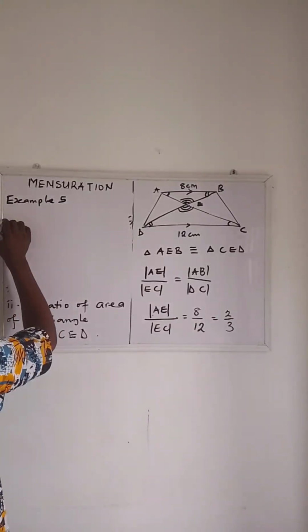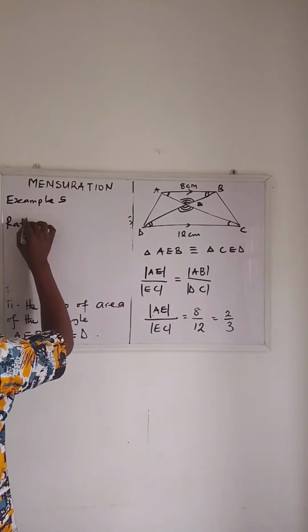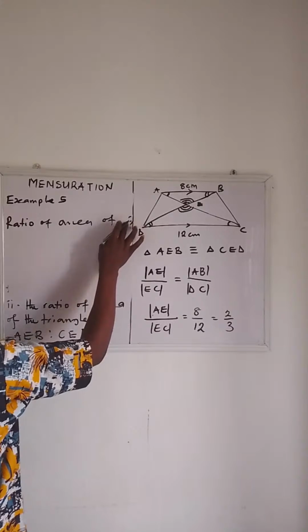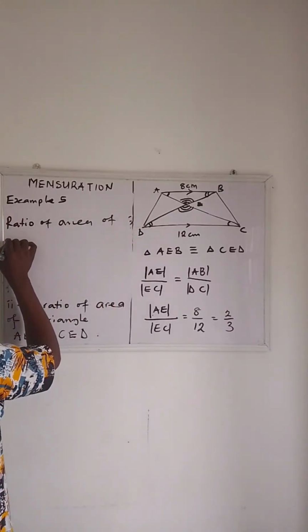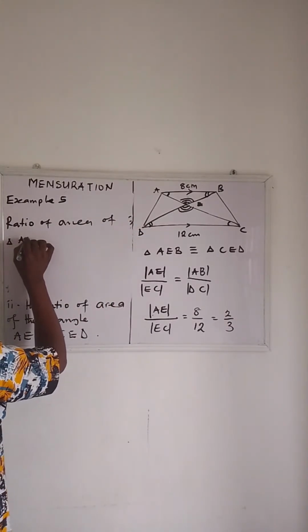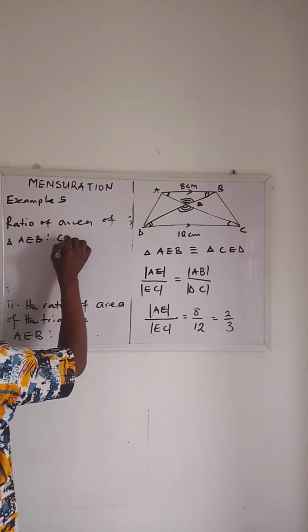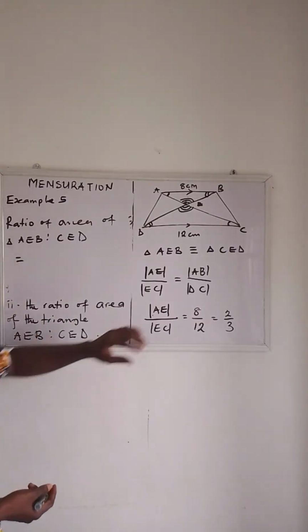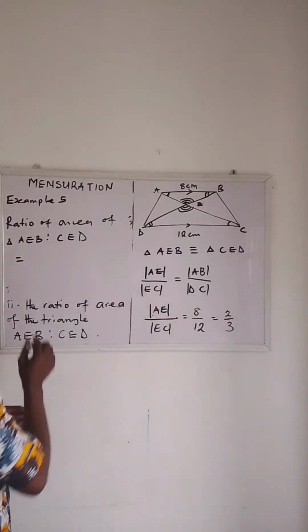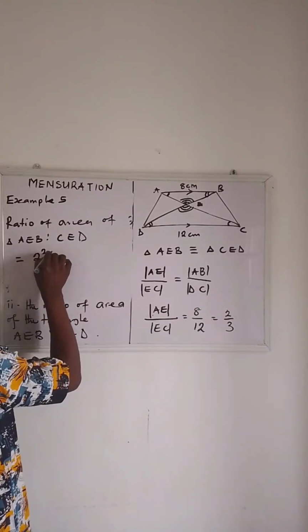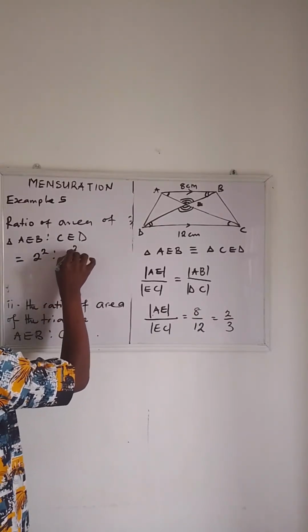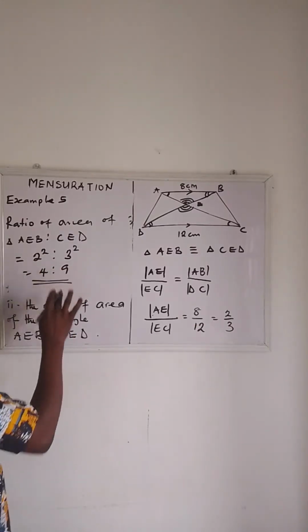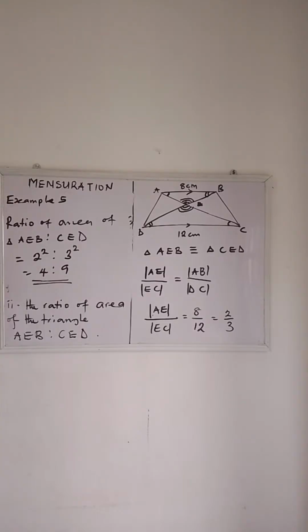The ratio of the area of triangle AEB to that of CED will be equal to, you just square this. So we have 2 squared to 3 squared. And that gives you 4 to 9. So this is the answer. This is going to be the ratio of the areas.